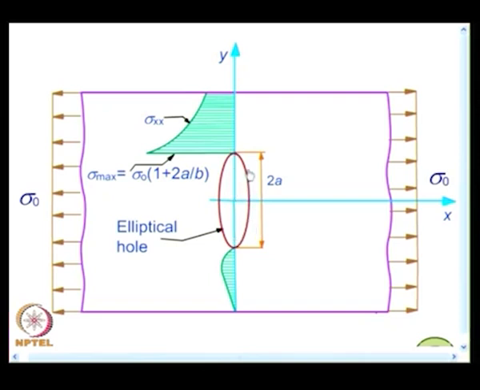So, what you have here is, in a tension strip you have an elliptical hole, and this shows the typical variation of the stresses on this axis, and you have the variation of sigma xx, and Inglis found that this is related to the far field stress by a factor 1 plus 2a by b.